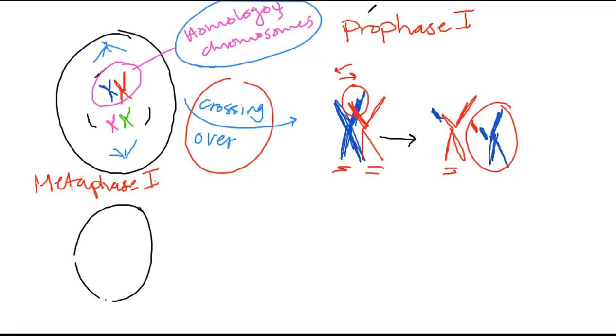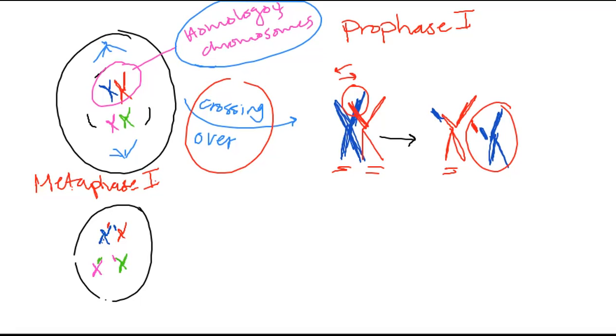And that's because of the change that happened, the crossing over. And the same will happen to the other pair. So here like this, they line up. Why do they line up?